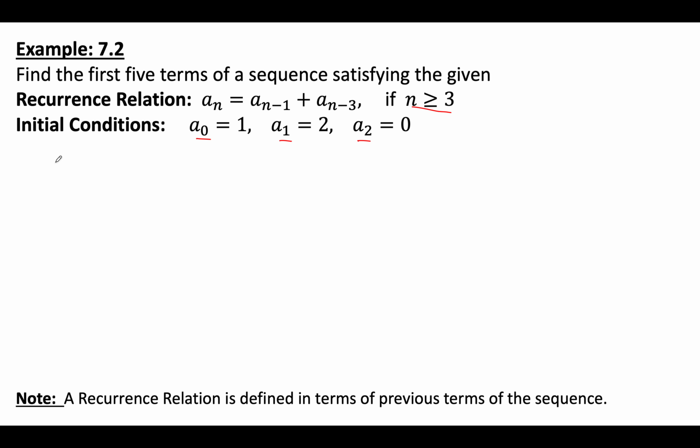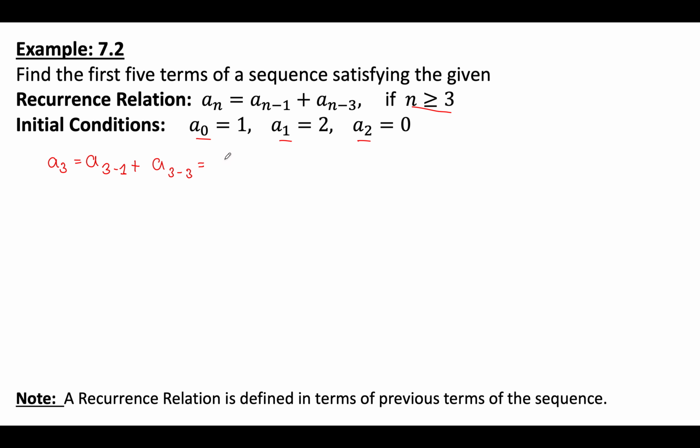All right, so here we got that A3 is equal to A(3-1) plus A(3-3). 3 is the position of the term that I'm looking for.